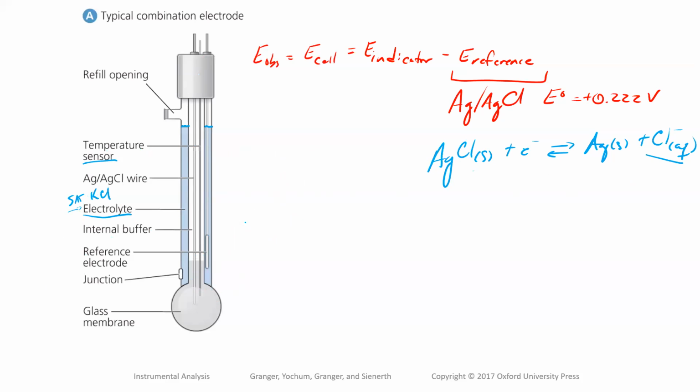For a pH probe, we want to maintain a neutral pH inside our membrane. Right? And so that's why we have this buffer that's going to be at 7.0. So we maintain our pH.